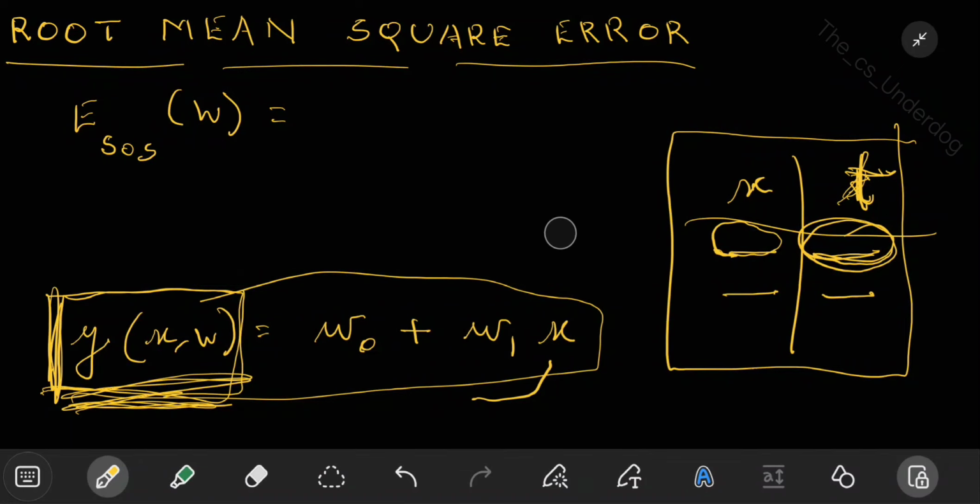So now let us start with the sum of squares error and we'll see how root mean square error is different from it. In sum of squares error, the name itself says it is the sum of squares of the error terms.